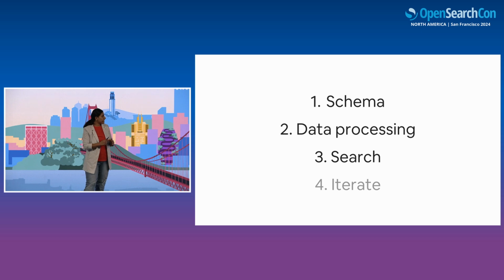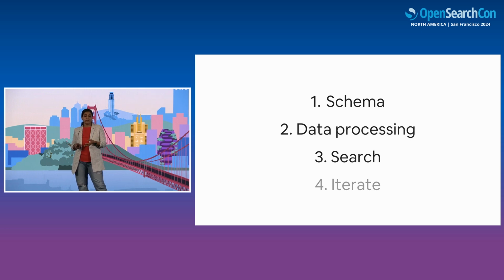So now that we have an idea of the different components of AEP, let's take a look at a typical onboarding workflow. Onboarding to AEP is a three-step process. First, we author a schema to define the data models and the index configurations. This basically tells our system what and how we want to process the data.